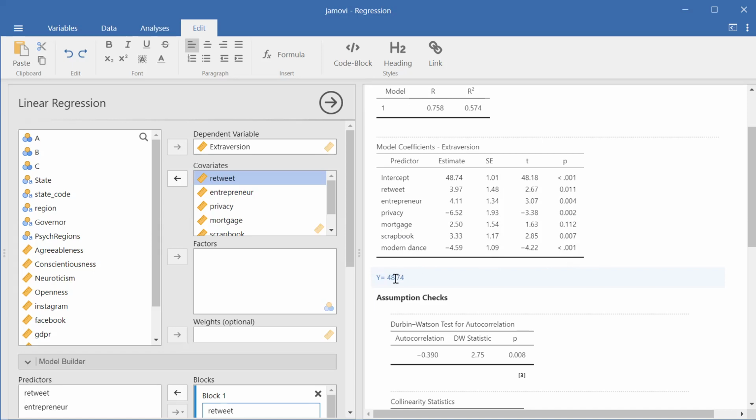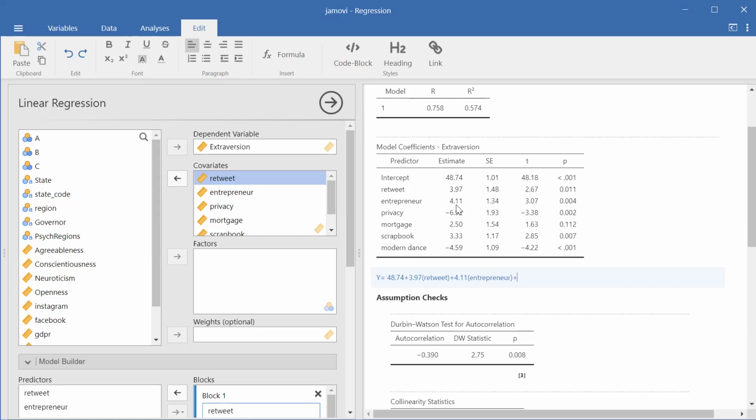So here we put in y is equal to 48.74 plus, now take retweet, and its coefficient is 3.97 into retweet, plus the coefficient for entrepreneur is 4.11 into entrepreneur.